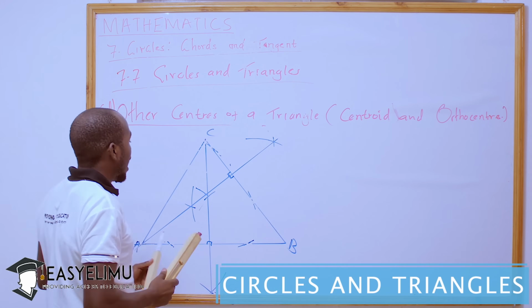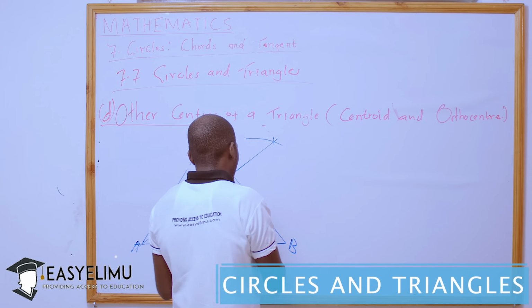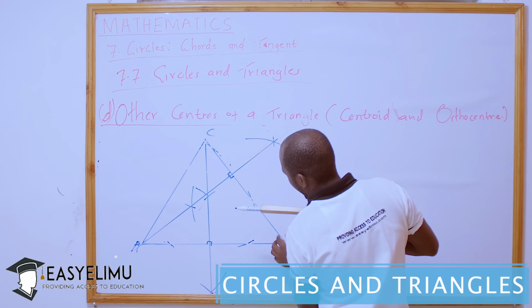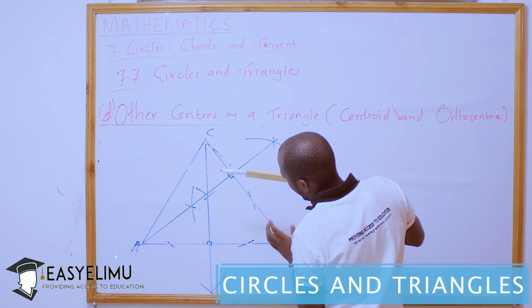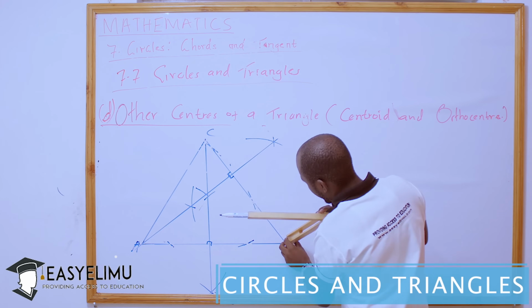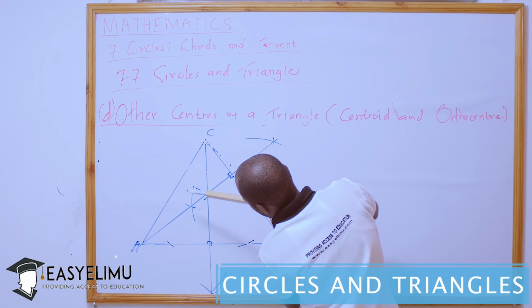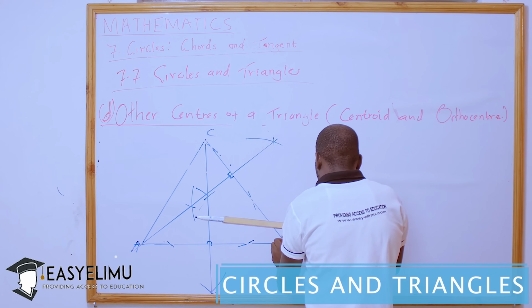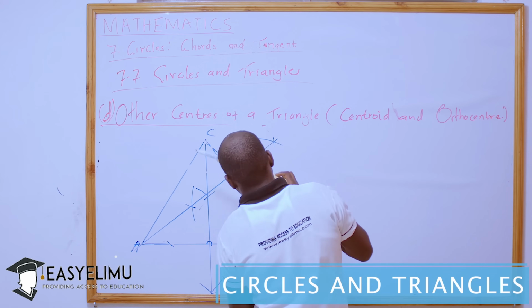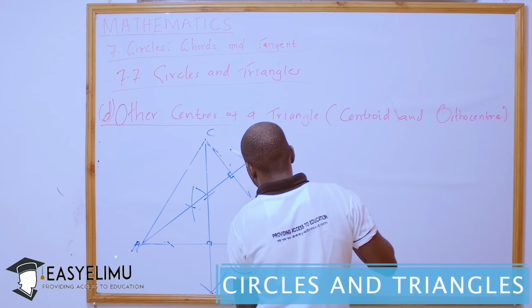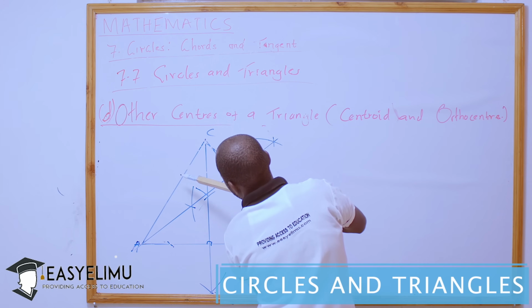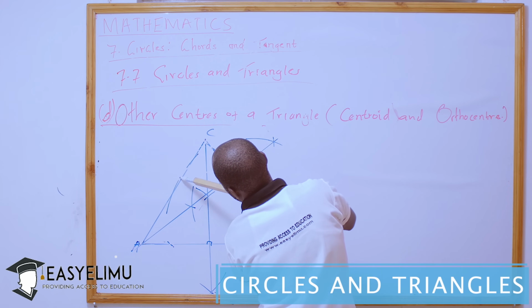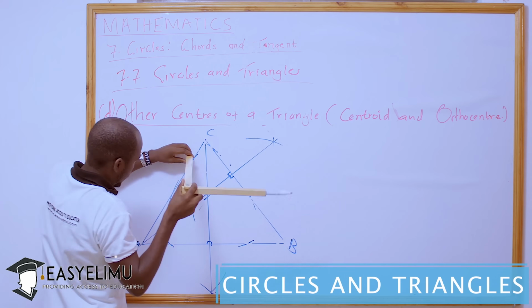You construct an altitude, and an altitude is just dropping a perpendicular from a point, so it means you will stand here and drop a perpendicular to line AC with any radius. So you need to bisect that line, maybe at that point.